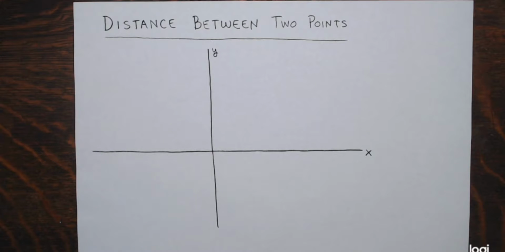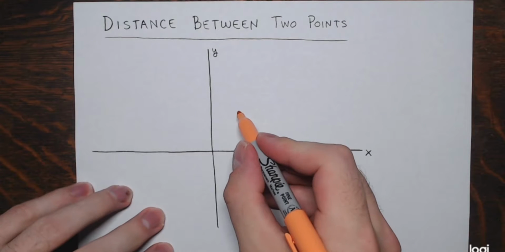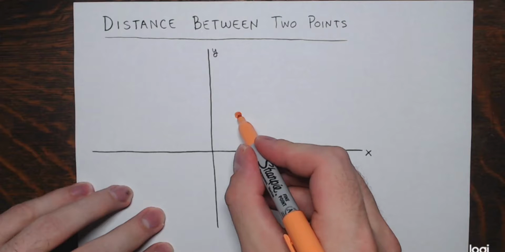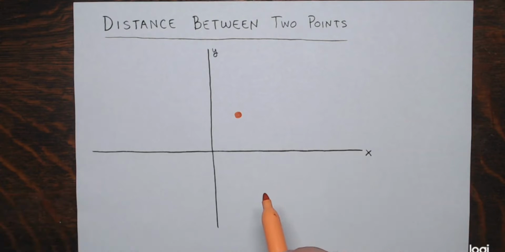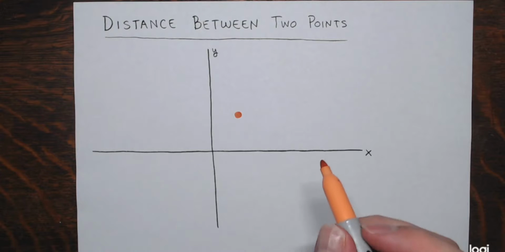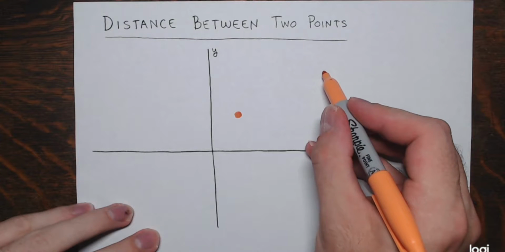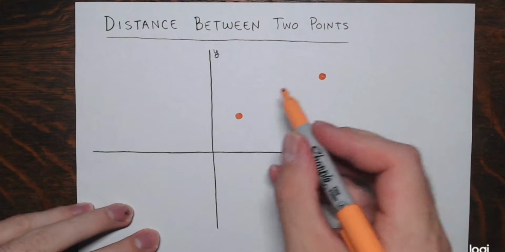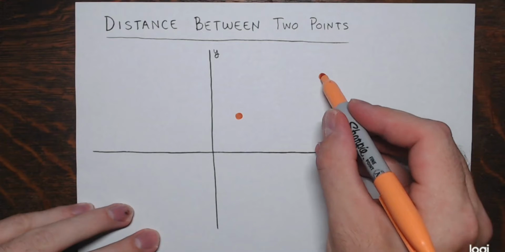And then let's say I give you 2 points on this plane. So this point, I'll just pick some points in the first quadrant. Just know that these could be any 2 points. They don't have to be in the first quadrant. So I picked 2 points. There we go. Point here, point there.